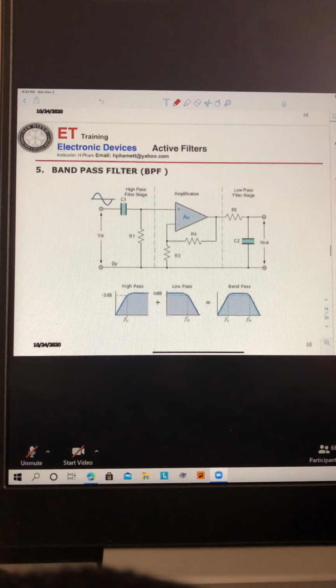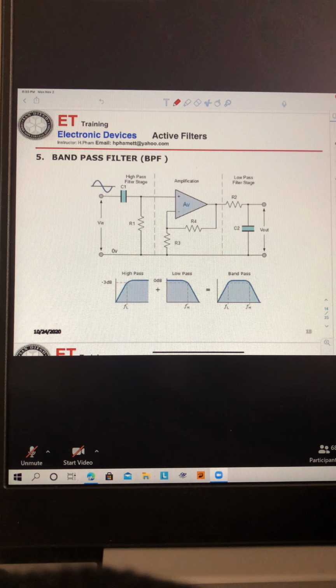Now the next one, band pass filter. Okay, first thing, looking into the circuitry, what is the name of the amplifier?